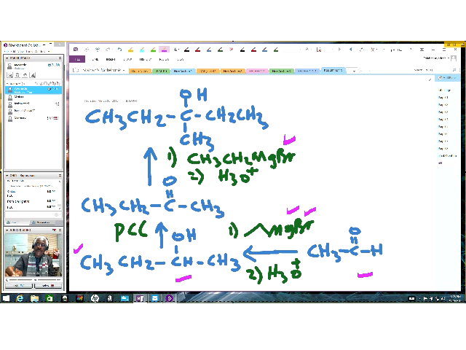Now we go back with our retrosynthesis again. We could take the ethyl alcohol, that is the starting material, and we could react that with PCC. That gives us the aldehyde.